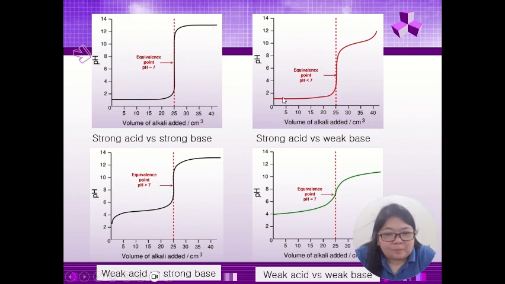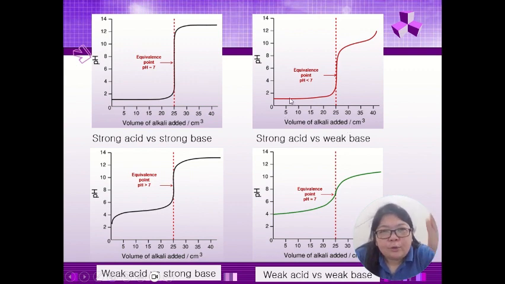Now let's look at strong acid versus weak base titration. So again, we start with acid in the conical flask, so pH is 1, just like this case, because we start with strong acid in the conical flask. This time we are using a weak base, for example, ammonia.